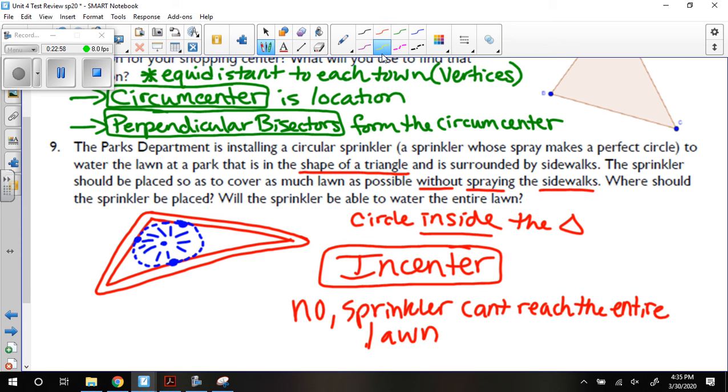There are certain pieces of this triangle in the lawn, like this piece and all of this and all of this, that is not being hit by the sprinkler. Everything inside the circle is getting hit by the sprinkler, but nothing outside the circle. So your answer is no, we will not be able to reach the entire lawn.